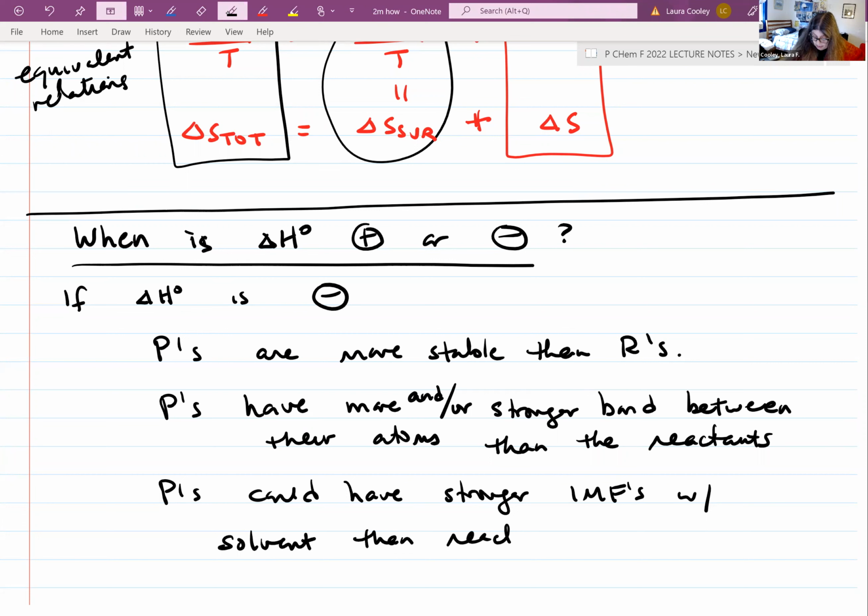Can you think of an example where that might be true? Like if you had an aqueous solution and you had neutral molecules that suddenly became charged at the end of the reaction, those charged particles might interact more strongly with the solvent, and that would stabilize the product.